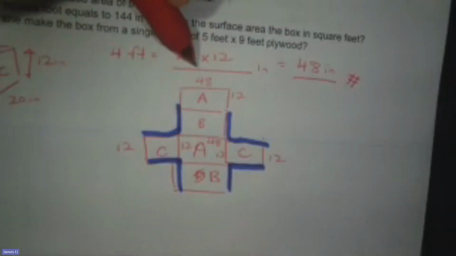Okay, let's go on to B now. If you look at B, the length of rectangle B is 48 inches, but the height or the width of B is actually 20 inches. So your B, the long part is 48, the short part is 20 inches. Which means that as long as the side is blue, it is 20 inches.